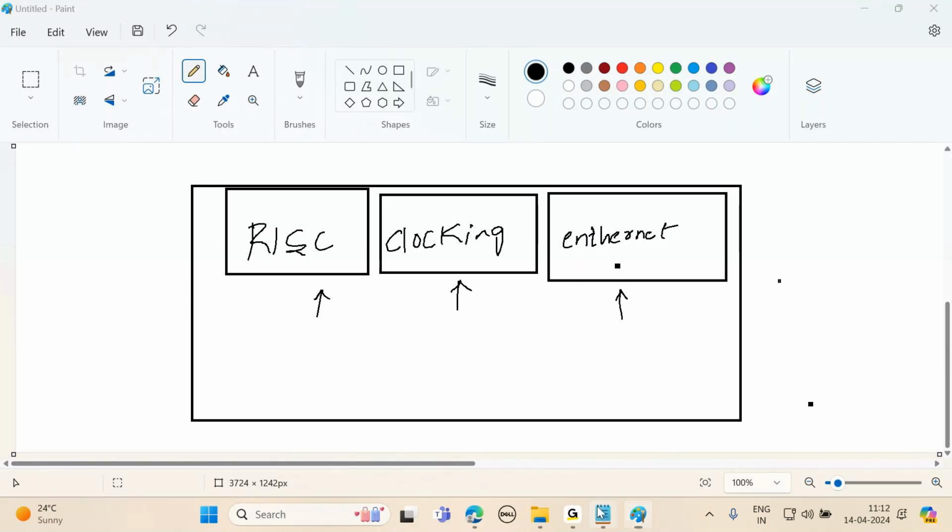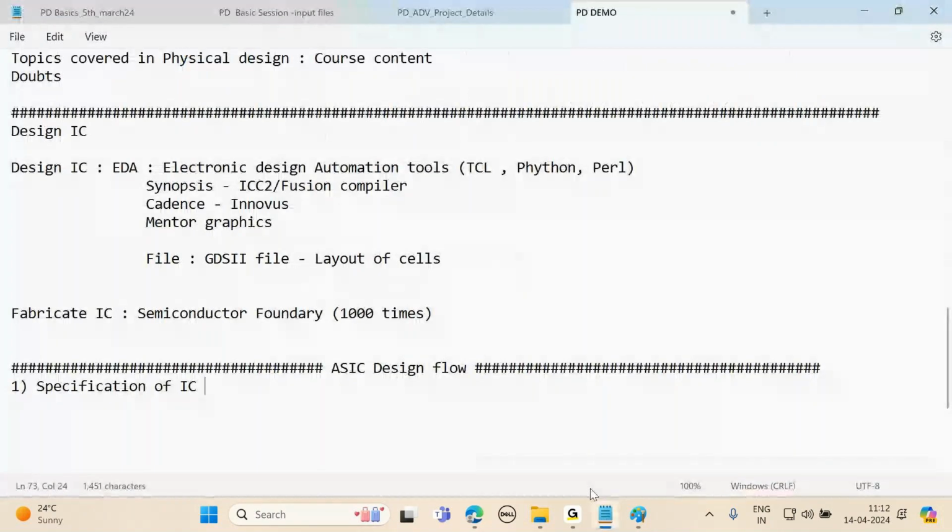For example, Qualcomm is fabricating IC, so who is a vendor? Vendor is nothing but mobile phone manufacturer, right? So who is going to purchase the ICs of Qualcomm? Mobile phone manufacturers like Redmi, Samsung.